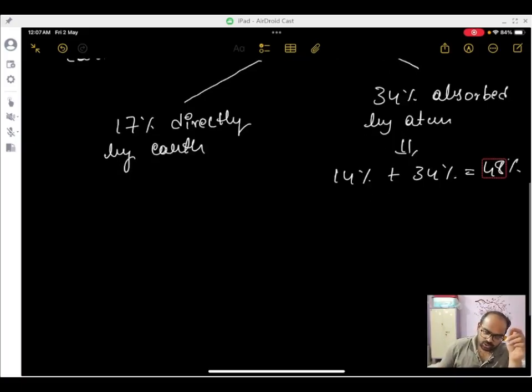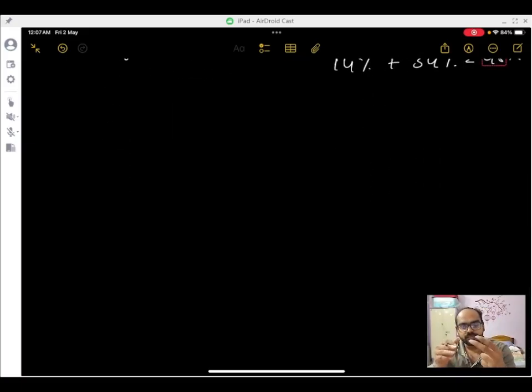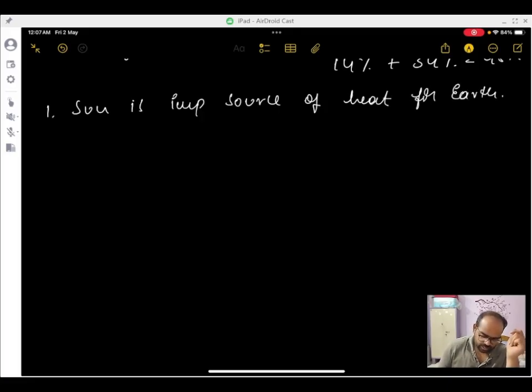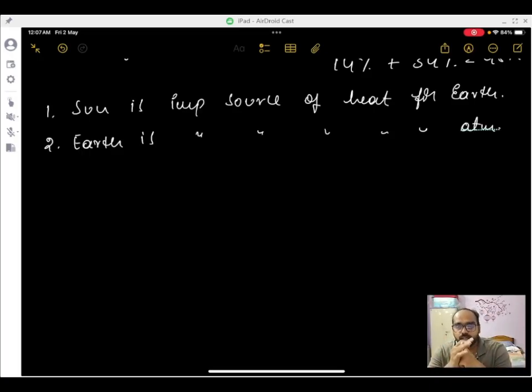Now there are two statements that are very much important here. The first one is that the sun is the important source of heat for Earth. And second is that Earth is the important source of heat for the atmosphere. The sun is the important source of heat for Earth because Earth absorbs 51% of incoming solar radiation and it gets heated.